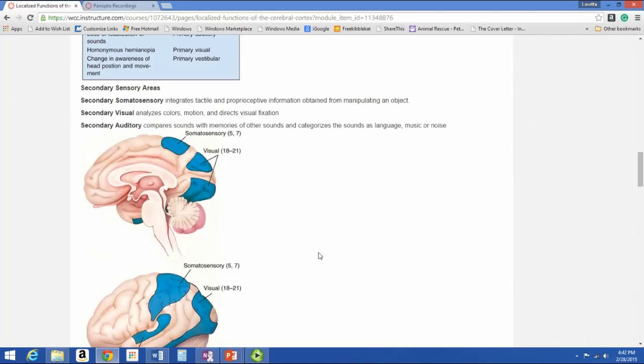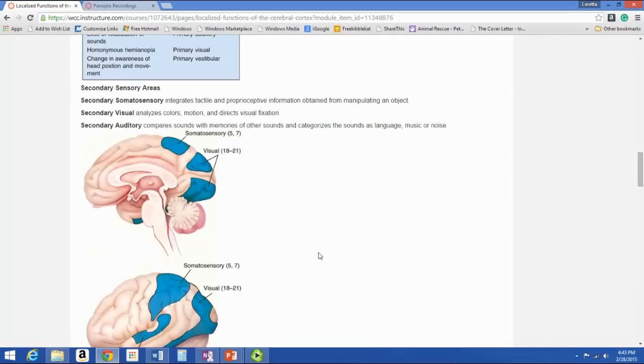The secondary auditory cortex compares sounds with memories of other sounds and categorizes the sounds: language, music, noise, whatever it is. So in the primary auditory cortex, sensory information comes in from the cochlear nerve, the vestibulocochlear nerve, and it says, hey, I hear a sound, and it's loud and it's low.